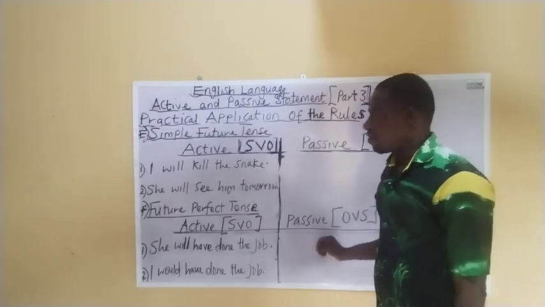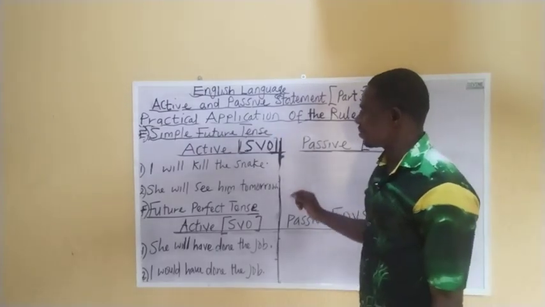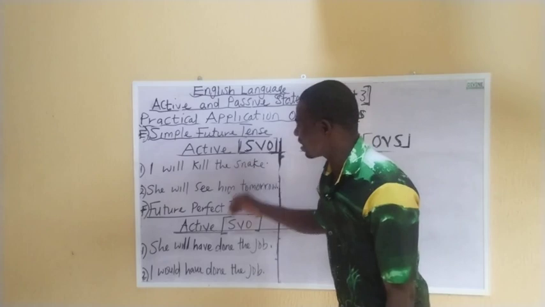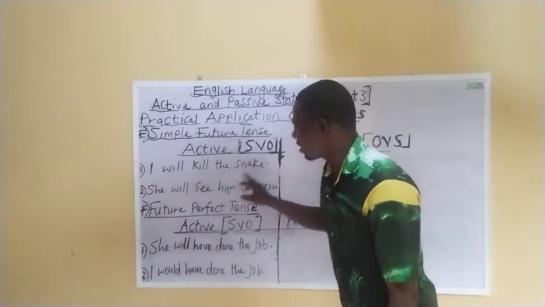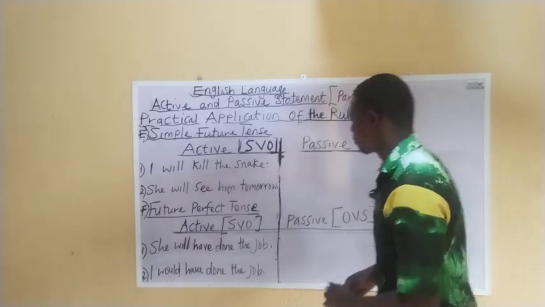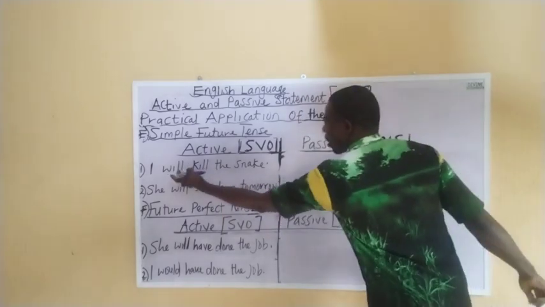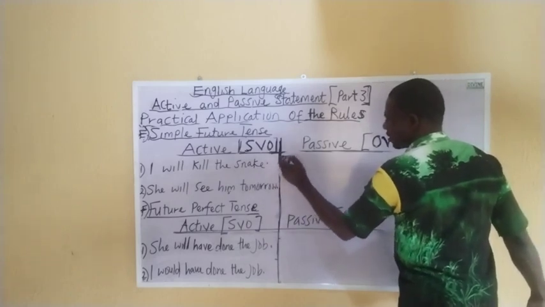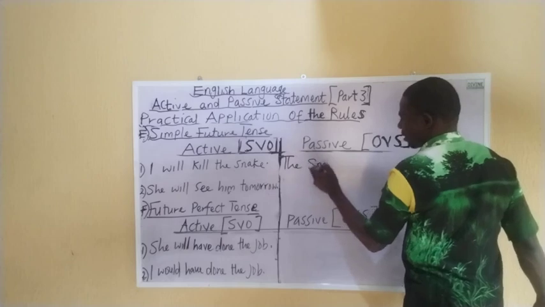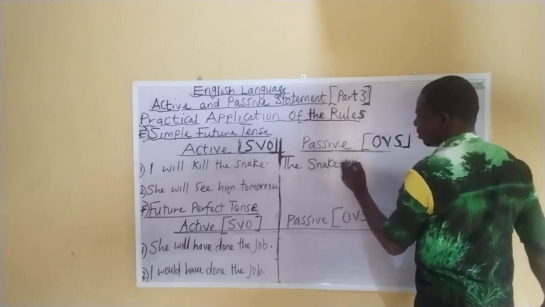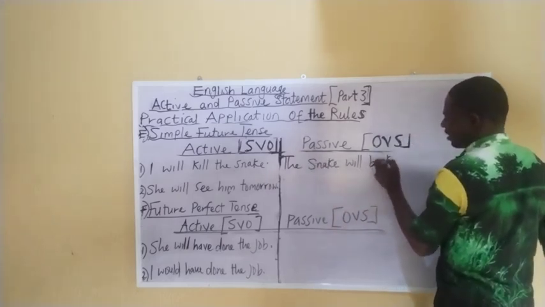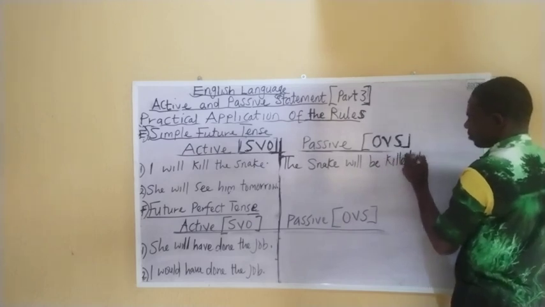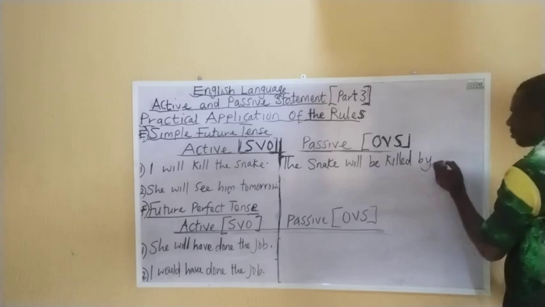For simple future tense statements, we have the active statements: I will kill the snake, she will see him tomorrow. I will kill the snake, we start with the object. The snake will be killed by me.